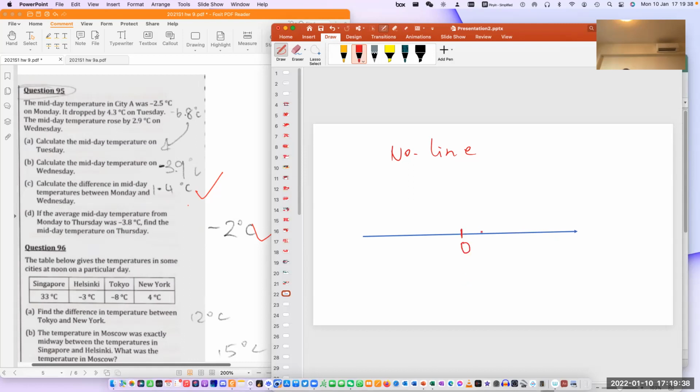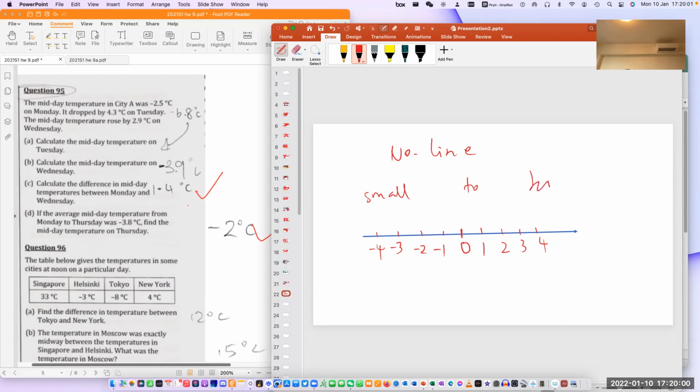And then of course the next one will be 1. And I will label the negative 1 as well. Then you can continue -2, -3, -4, and of course 2, 3, 4. Okay, good enough.